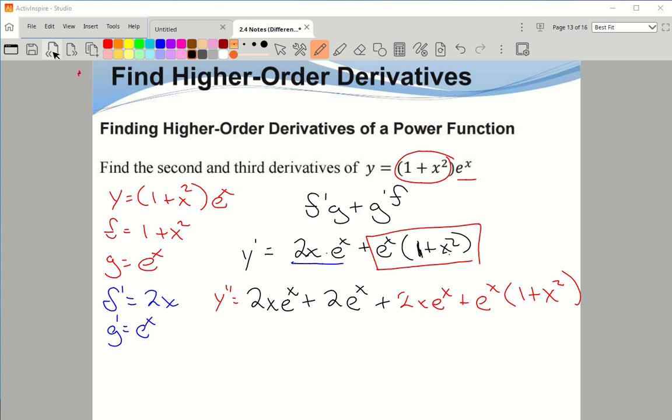So that together is going to give me, so my y double prime is 2 e to the x plus 4x e to the x plus, back it up, plus e to the x times 1 plus x squared.